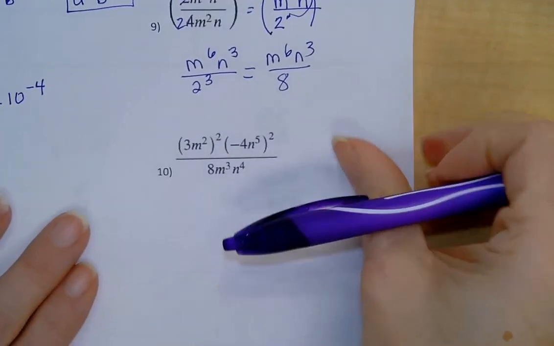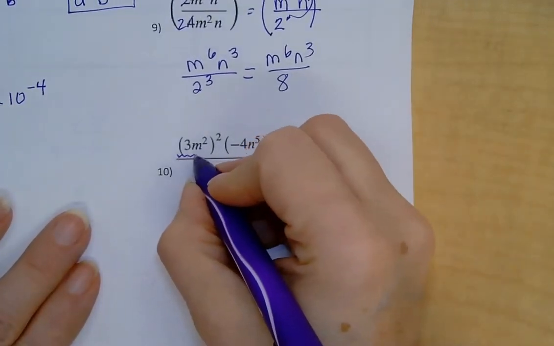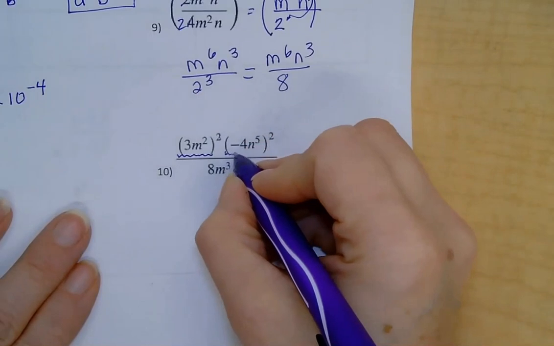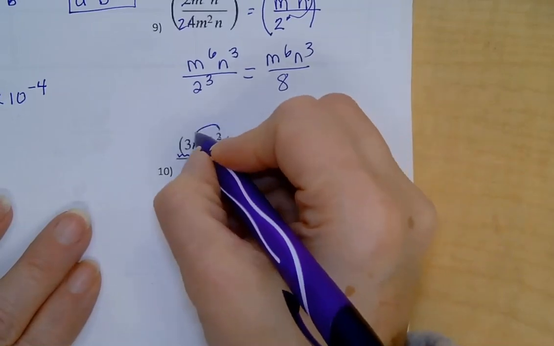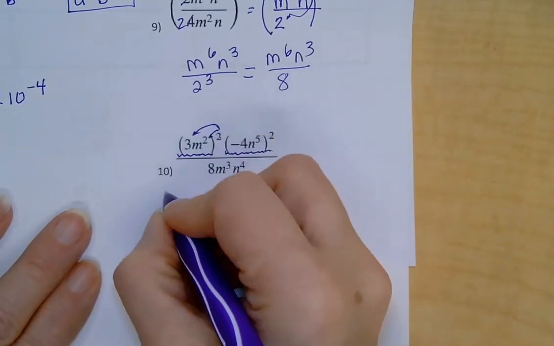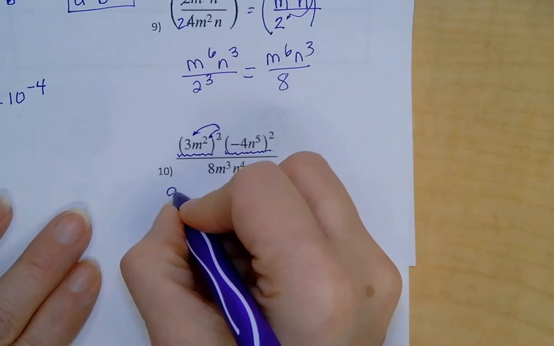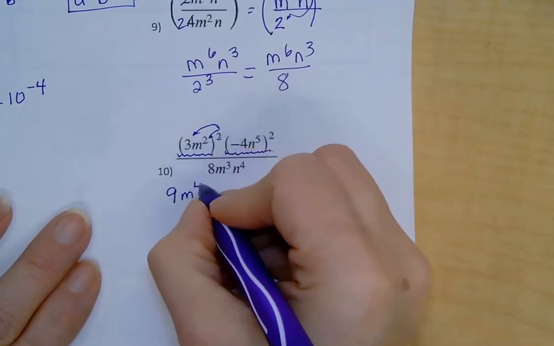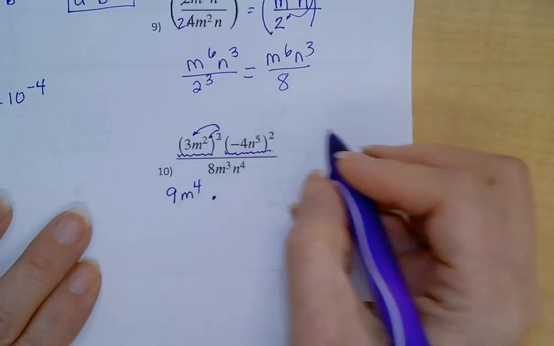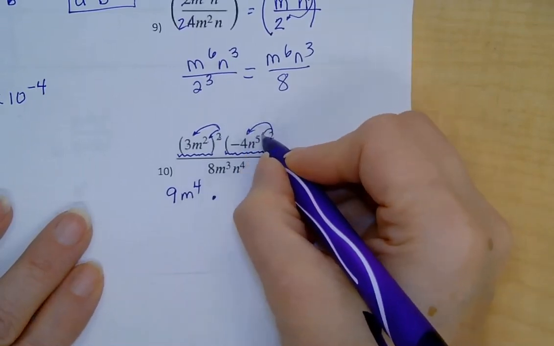All right, finally, I have to take care of the outer exponent first for each of these, and then I get to multiply in my numerator. So let's get that going. I have 3 squared. I'm going to go ahead and write that as 9 because that one's easy. 3 squared times m to the 2 times 2, which is 4, times, got to get that to everybody.